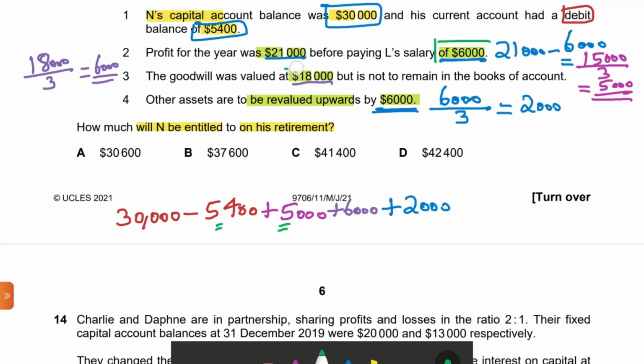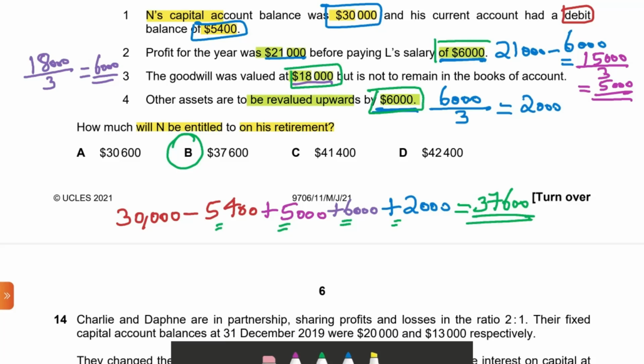Then the goodwill amount 18,000: he is leaving the firm, so 18,000 into 1/3 is 6,000. Then the revaluation profit 6,000 into 1/3 is 2,000. The total amount he has to get is 37,600. The correct answer is option B.